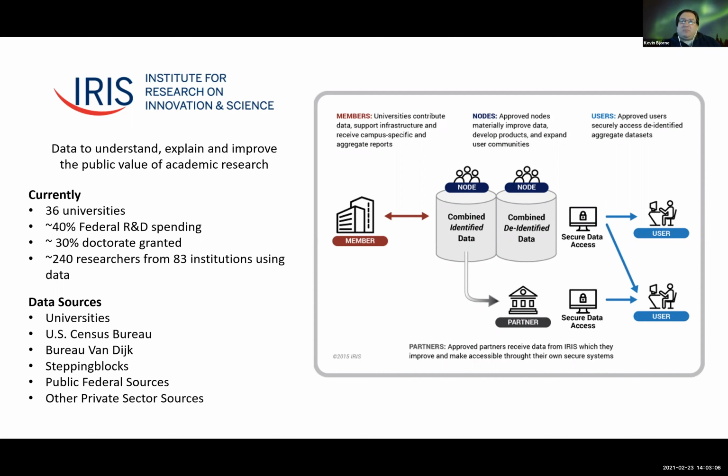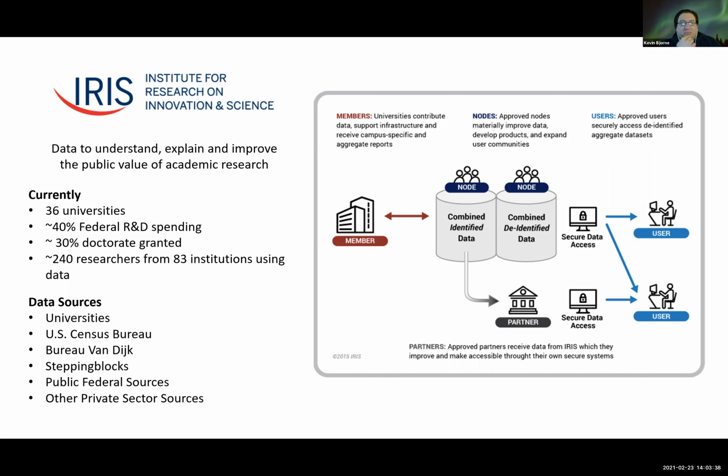So IRIS is made up of a series of university members, a consortium of members that all provide administrative data to IRIS in order to clean it, process it, normalize it, and turn it into reports and data sets and things like that that help our members explain the value of scientific research that is being conducted on America's campuses.